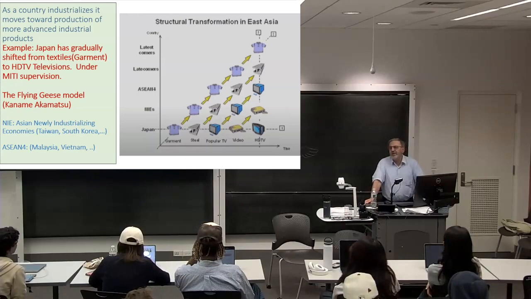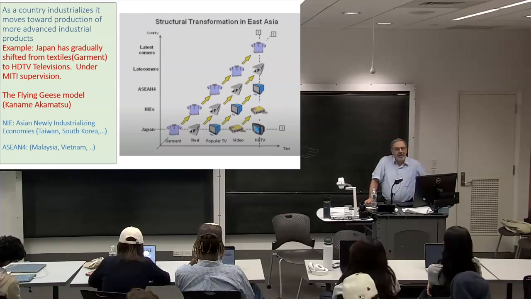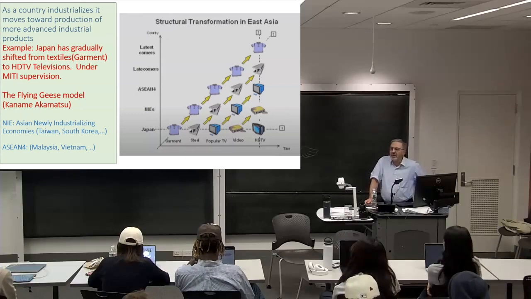So do you now see why, for example, when you go to buy clothing now, you don't see many clothes made in Taiwan. Not even so much made in China. Where are they made now? Bangladesh.